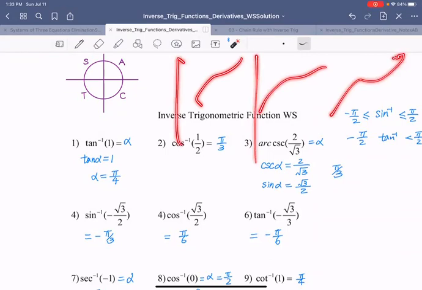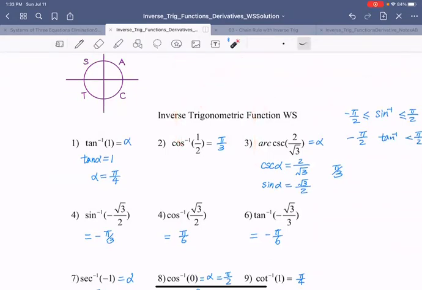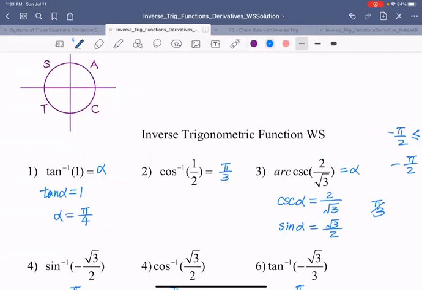So you have to choose from negative pi over 2 to positive pi over 2. So that means this guy, tangent inverse range is restricted from negative pi over 2 to pi over 2. So you have to pay attention for the range of the inverse function.